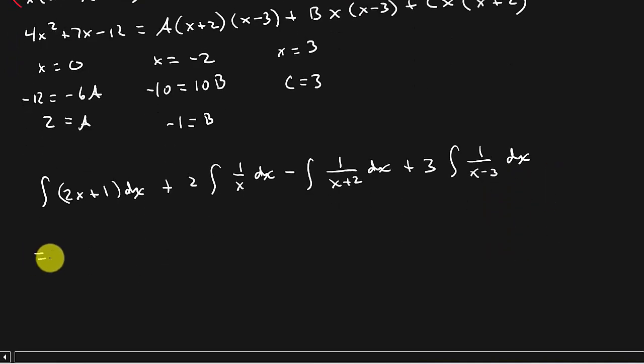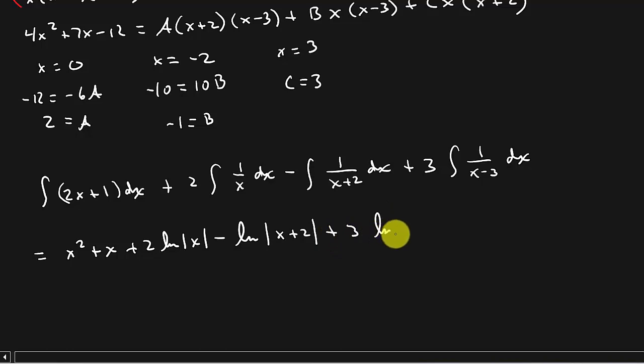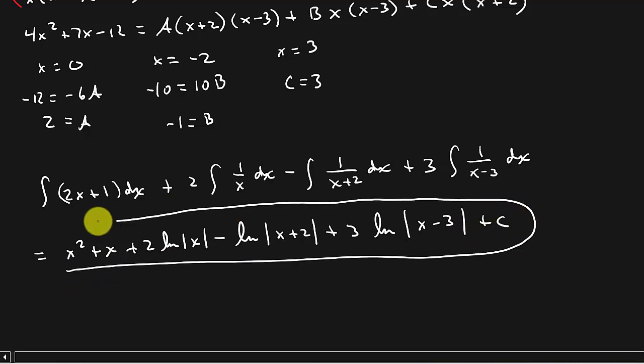And so this is equal to x squared plus x, that's the integral of this, and then this one plus 2 natural log absolute value x minus natural log absolute value x plus 2 plus 3 natural log absolute value x minus 3 plus c. And there's your answer.